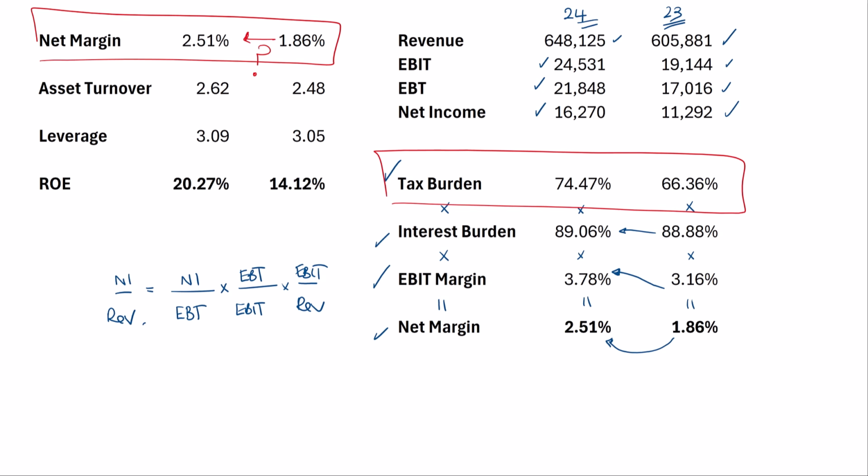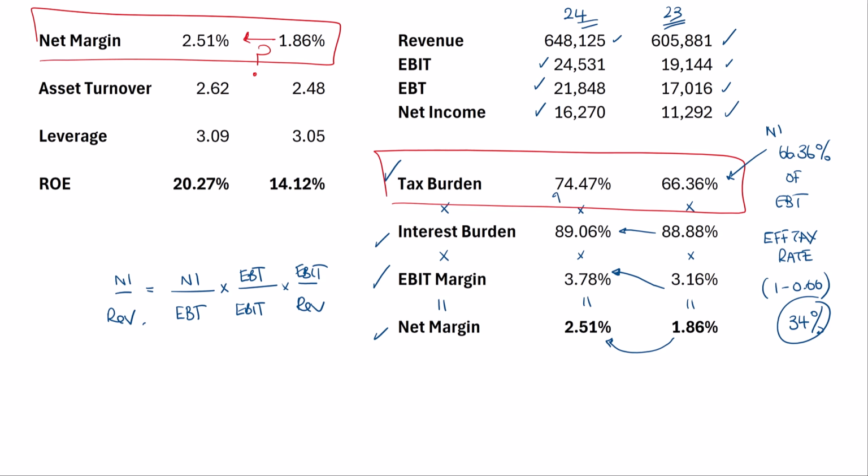What does this ratio tell you? Back in 2023, net income was 66.36% of your earnings before tax. In other words, your effective tax rate is 1 minus 0.66. Your effective tax rate was about 34%.